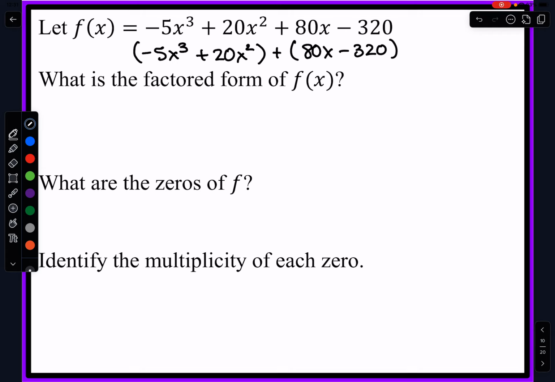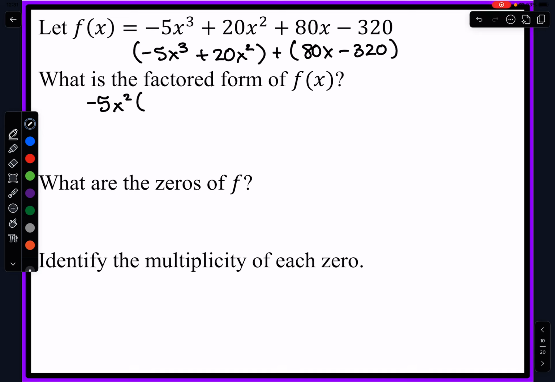Now, how are we going to get this? Well, you'll notice that in the first term, these two terms have a common factor of x to the second power. But you'll also notice that the coefficients also have a common factor. I can divide both of these things by the negative 5. So let's factor out the negative 5x to the second power.